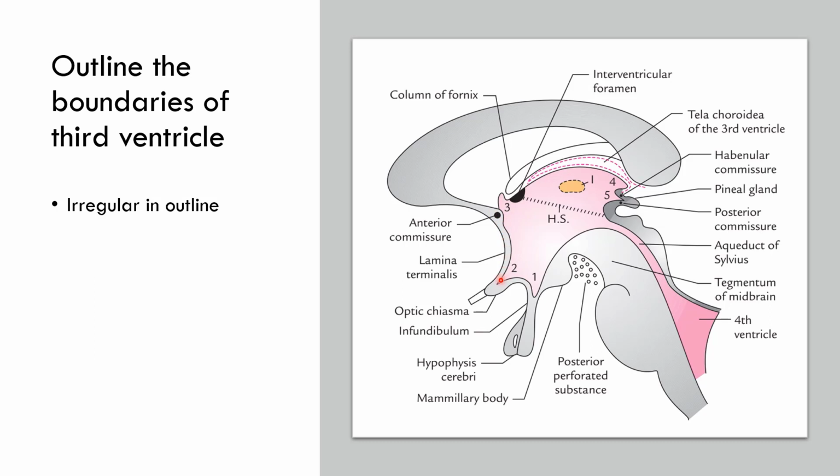Anteriorly, it is limited by lamina terminalis and anterior commissure. Inferiorly, it is related to the optic chiasma, infundibular stalk or pituitary stalk, mammillary body, and posterior perforated substance. Posteriorly, it is limited by the pineal gland and its stalk with habenular commissure and posterior commissure within its stalk.